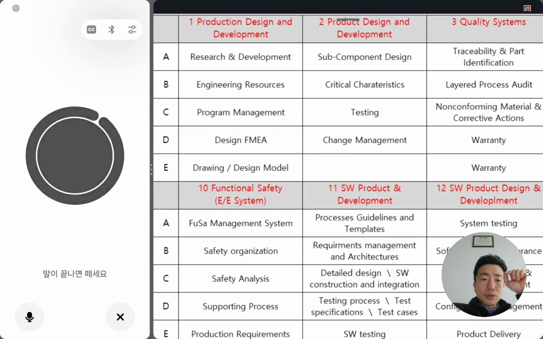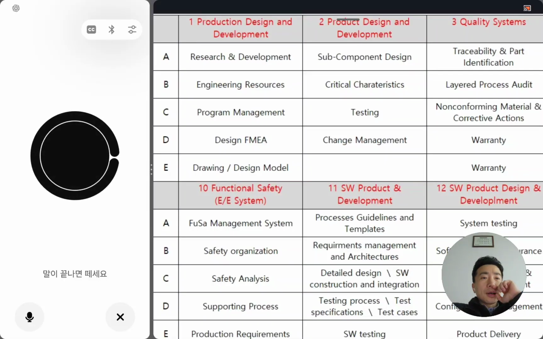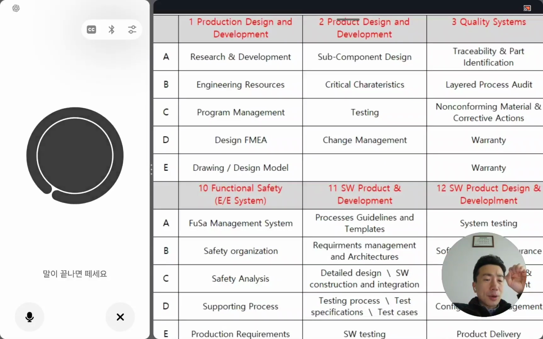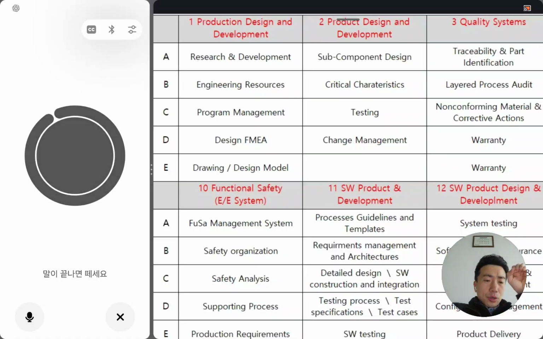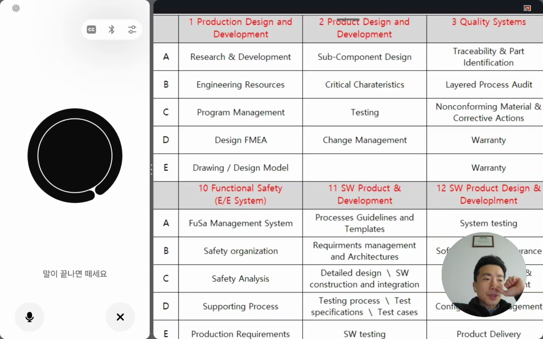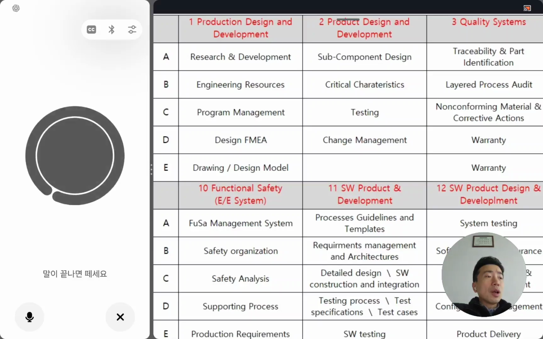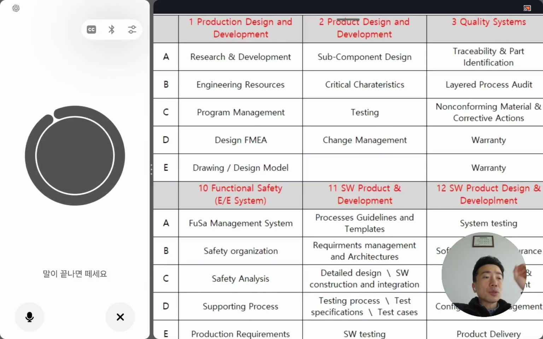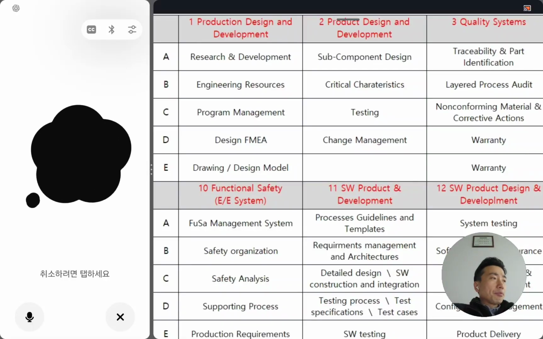I think this is a very good question. Our customer always asked about it. It's kind of a FAQ, frequently asked questions. Can you share an example where a critical characteristic issue lead to a design or process improvement?